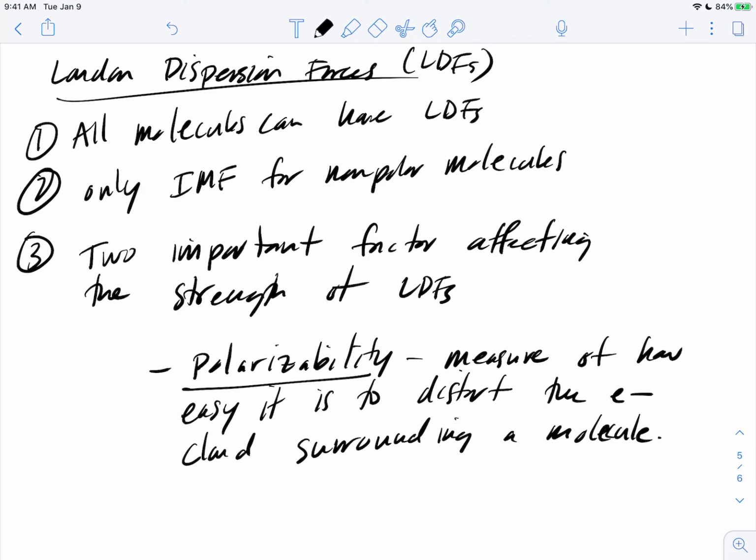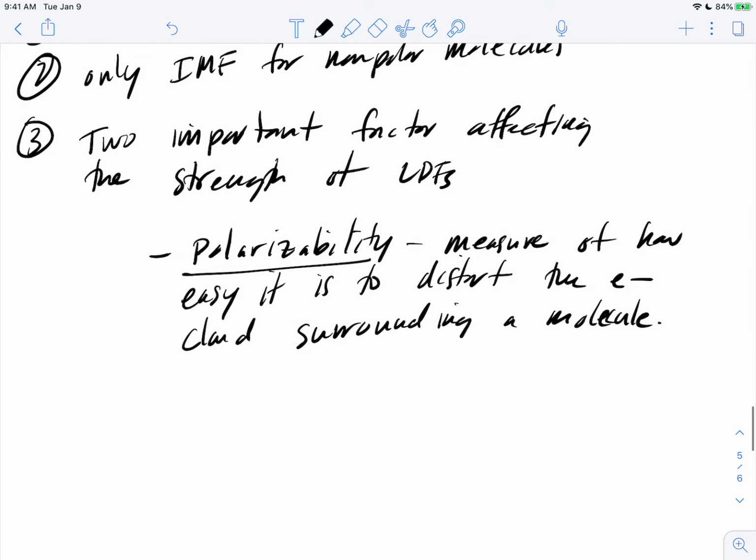So this directly has to do with Z effective. Electrons that are further out from the nucleus have a higher polarizability. So we can say that larger molecules are generally more polarizable.